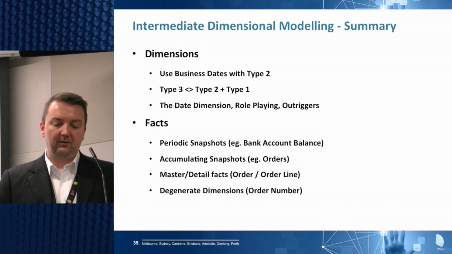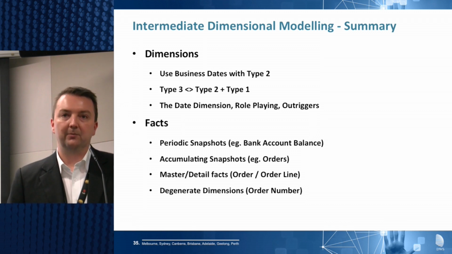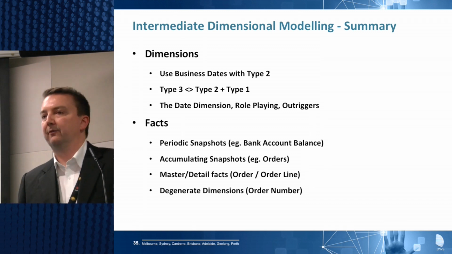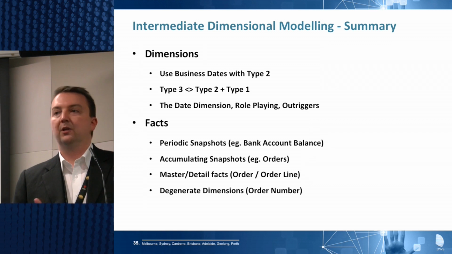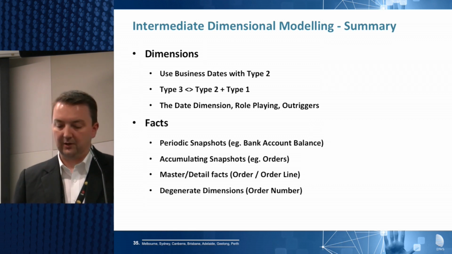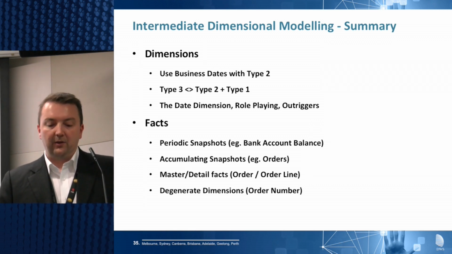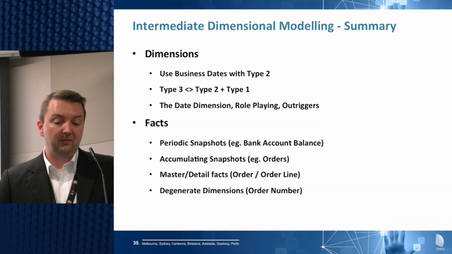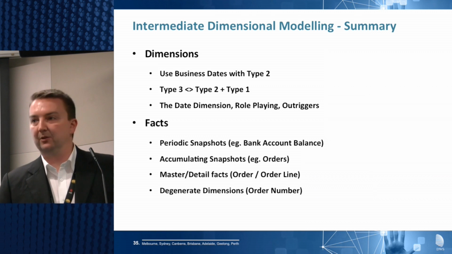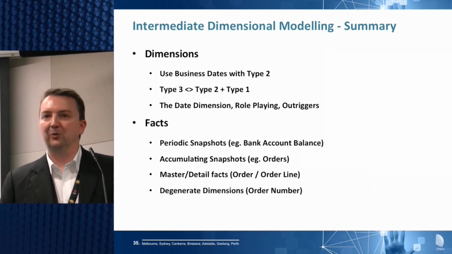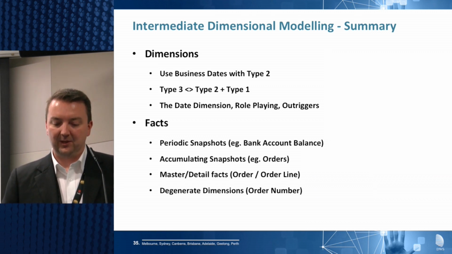And acceptable cases where we have degenerate dimensions, where we have attributes in our fact that are neither measures nor foreign keys to dimensions. So that will get you, I reckon, about 75% of the way through any problem that you'll likely encounter in a real-world data warehouse.